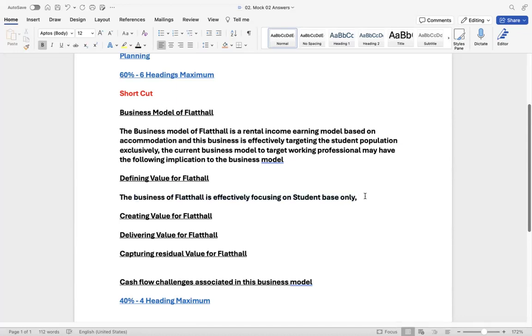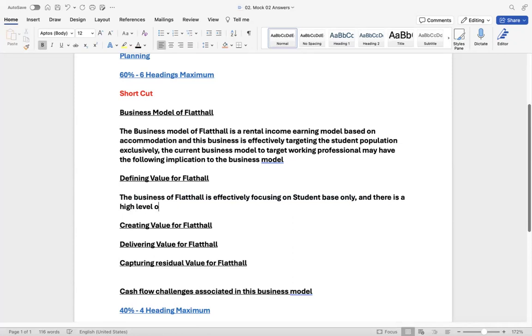It is only focusing on the student base only, and there is a high level of student base as a target, and positioning as well. Agree? I believe everyone is very clear.